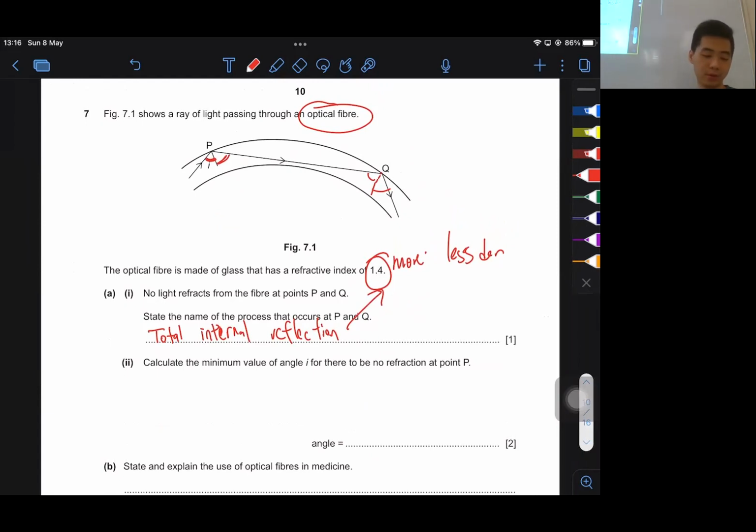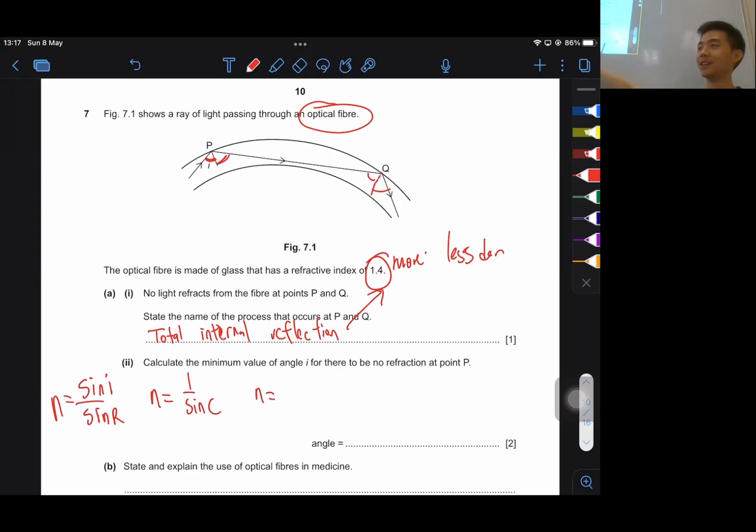What's that formula called? Good, it is sine i over sine r. What's the next one? Good, what's the third one? What's the last one?